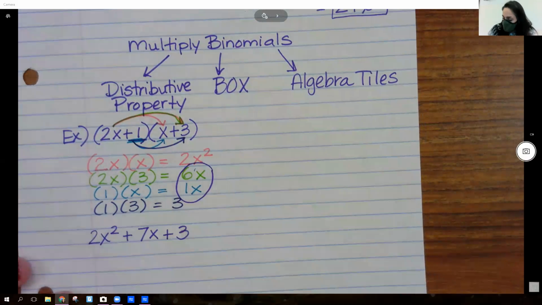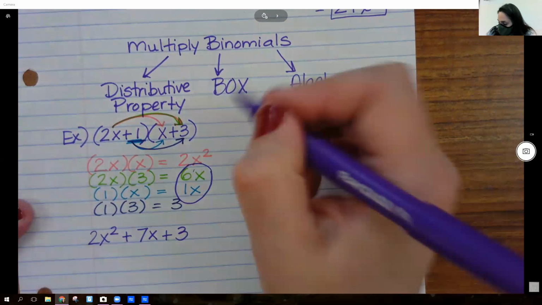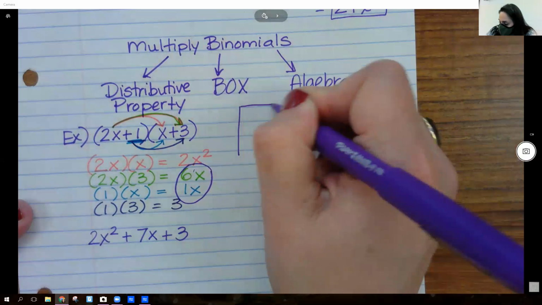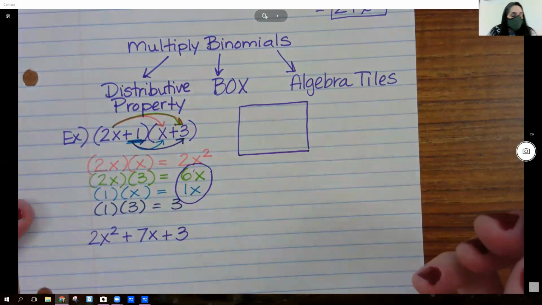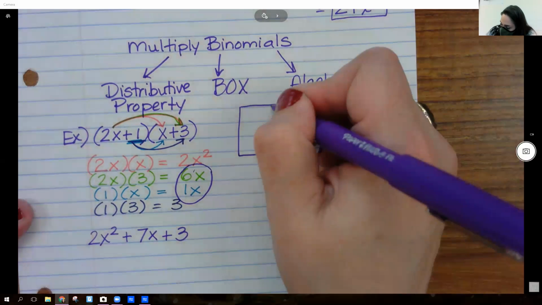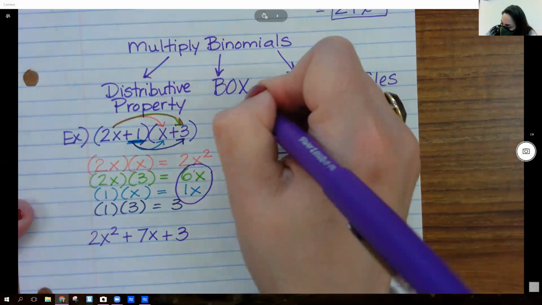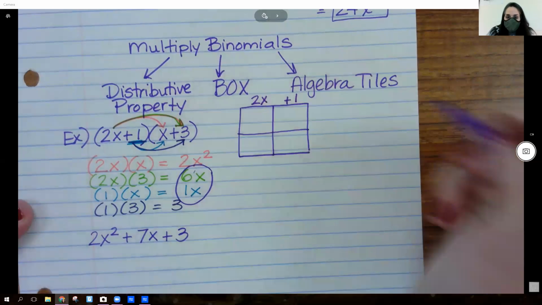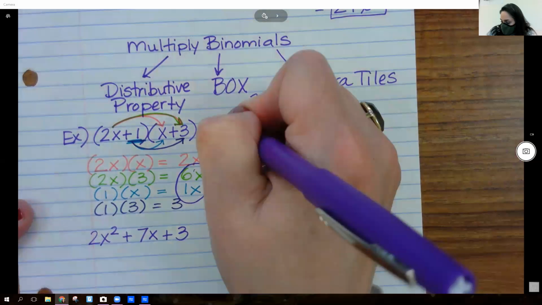Okay. The box method, if I can squeeze it in here, might have to get over there into algebra tiles. So remember the box method, you make yourself a box with some dividers. Put 2x and plus 1 right here, and then x and plus 3 on the side.